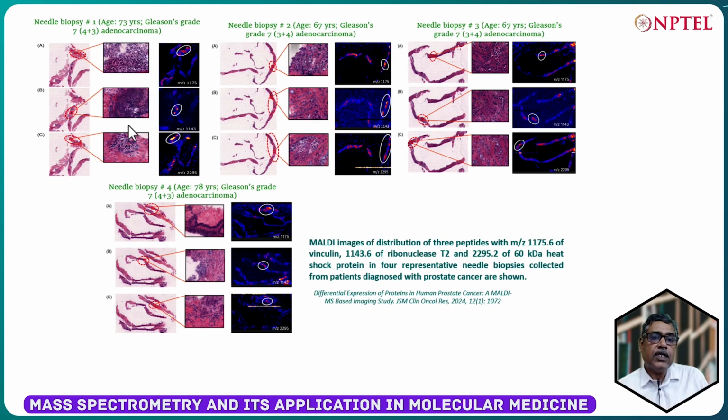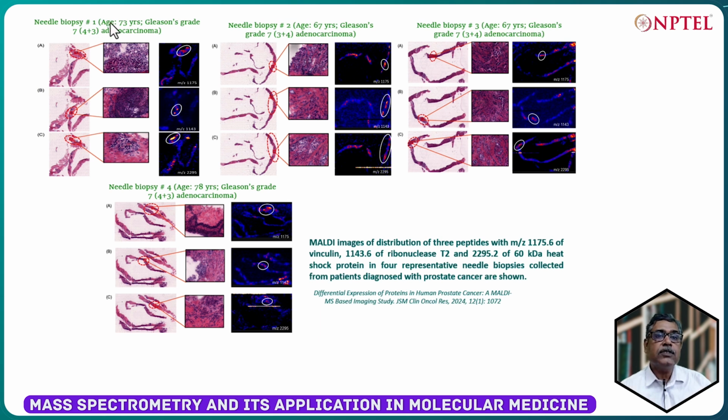These are the different portions that are encircled here, how those appear under the microscope in the H&E stained tissue section, and then how the MALDI-image of this entire needle biopsy tissue and the different encircled portions looks in terms of expression of the 3 different proteins that we have discussed, that is shown here.